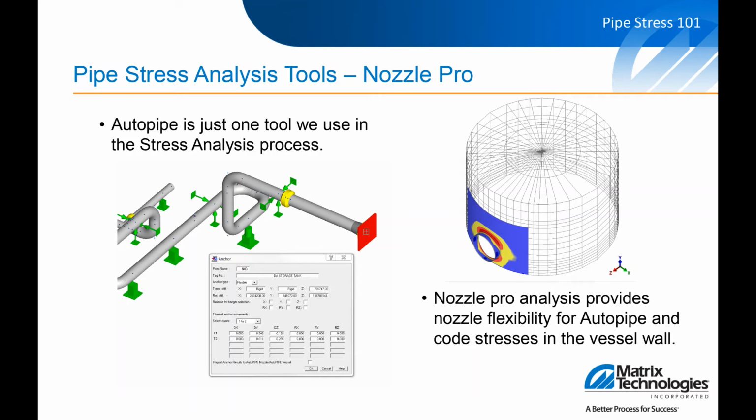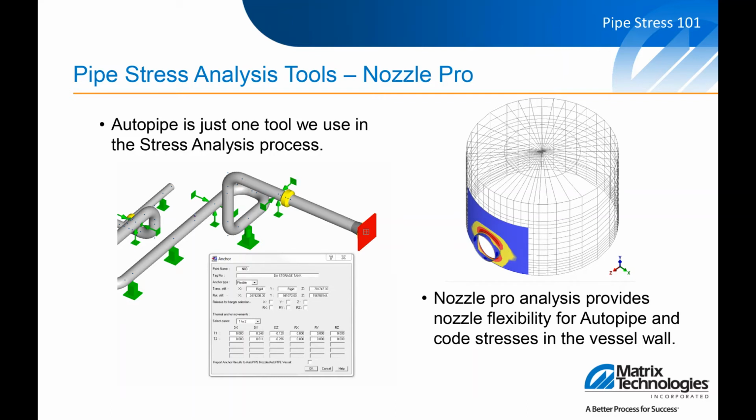Now, when you're in AutoPipe, the piping connects to basically an anchor, but it's not infinitely stiff. The wall of the pipe has a little bit of flexibility. It has a little bit of a spring rate to it. So we try to take that into account so that the forces that we're predicting at those nozzle interfaces are as accurate as possible.